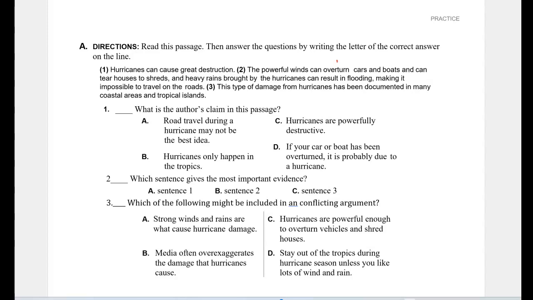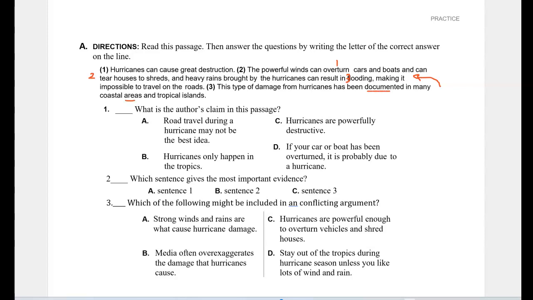So if you look at these three, one is our claim, so that's not going to be our evidence sentence. The second one gives us examples of destruction, and all of these are factual, right? Powerful winds can overturn cars and boats, facts. Powerful winds can tear houses into shreds, facts. Heavy rains brought by hurricanes can result in flooding, facts. So we've got three facts here. And then in the last one, this type of damage from hurricanes has been documented. So this is supporting the fact that these are facts. All right, it's telling us that these have been documented.